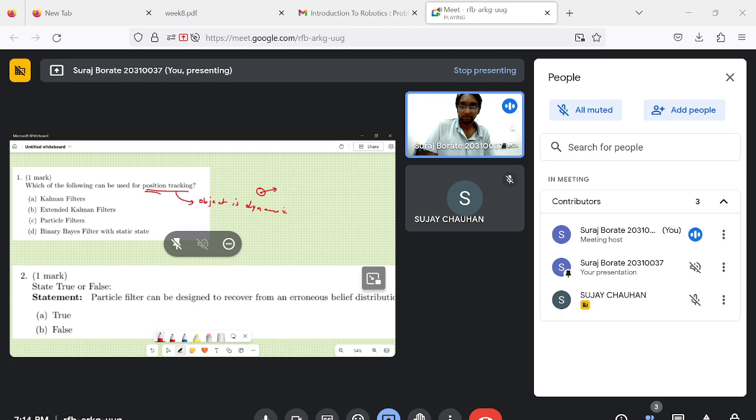So when these new particles are added, something happens. If you study the resampling step of the particle filter, what used to happen in the resampling step?